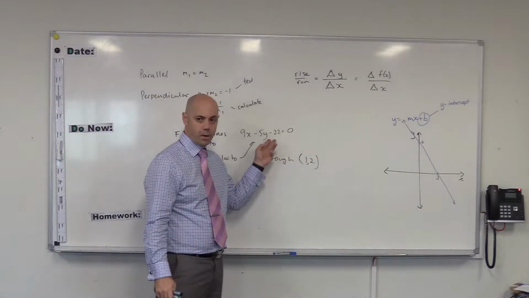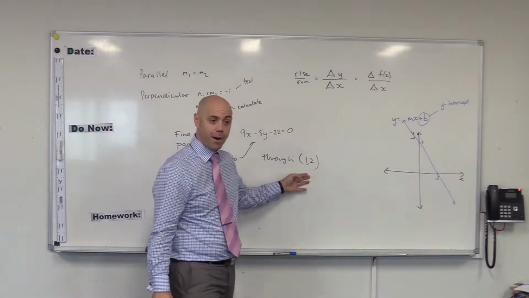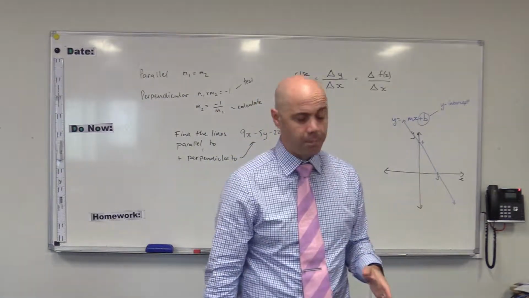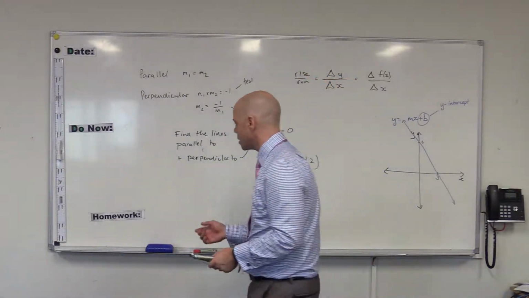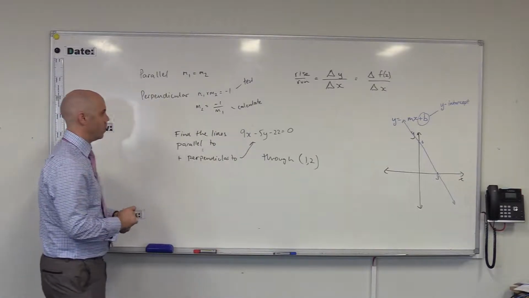I know the gradient of that line, and if there's a line parallel or perpendicular through that point, what are the equations going to be? Let's take it one by one. Let's do the parallel one first.